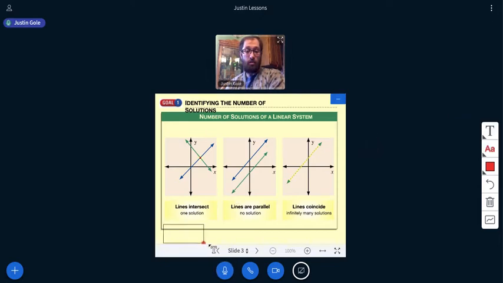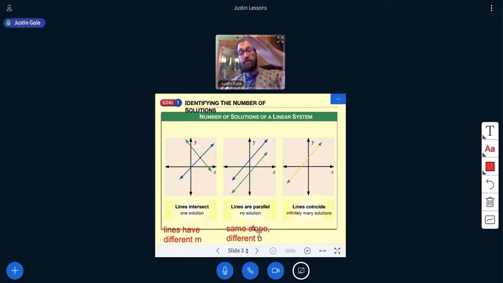So for one solution, what we're looking for is the lines have different slopes, I'm going to put m for slope. If the lines have one solution, they have a different slope. Because if they have a different slope, they're eventually going to meet. If one is going like this and the other is going like this, they will eventually intersect.